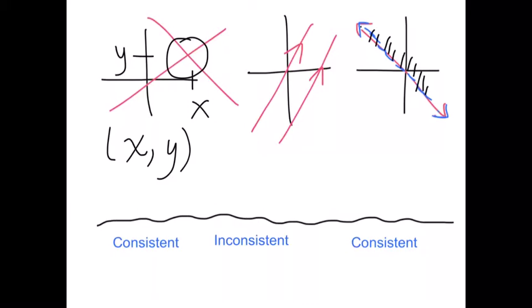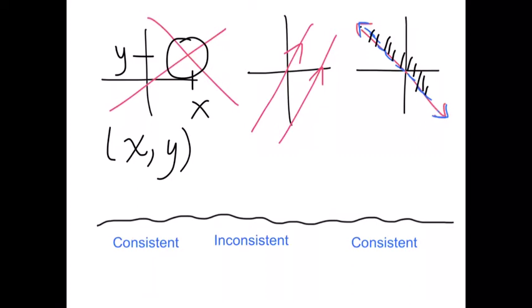So, how does that relate to terms consistent and inconsistent? Well, consistent means they have a solution, namely that you can find a point of intersection. Inconsistent means there is no solution, like parallel lines. And the third set, consistent again, because does it have at least one point of intersection?